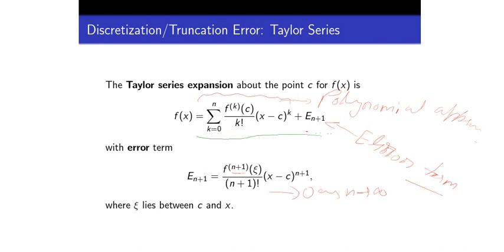For example, sin x, cos x, e power x, you have seen that infinite Taylor series exist. Another important thing is that the point z lies between c and x. So c may be to the left of x or to the right of x, we don't know. Further, if c equals 0, we call this the Maclaurin series. This Maclaurin series is a special case of the Taylor series, right?